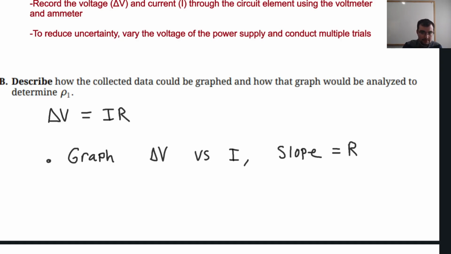So if I graph delta V and I, the slope will be R. So what that allows me to do is use R equals rho L over A to solve for rho.